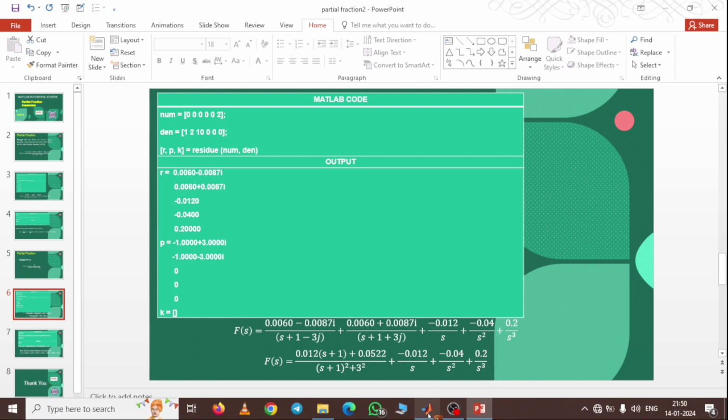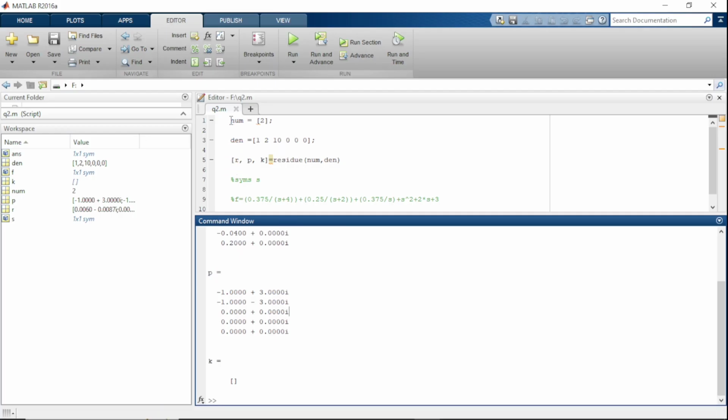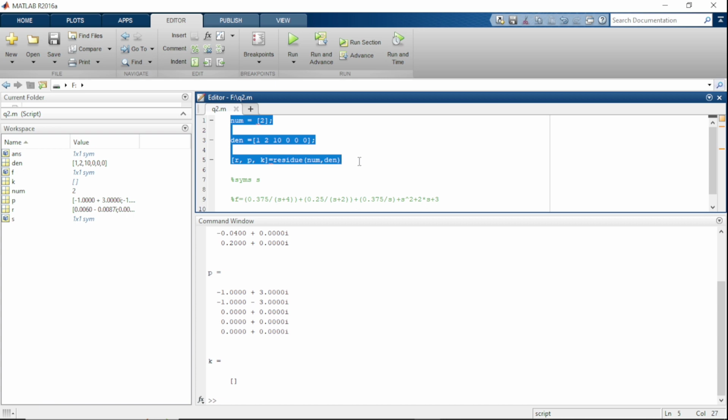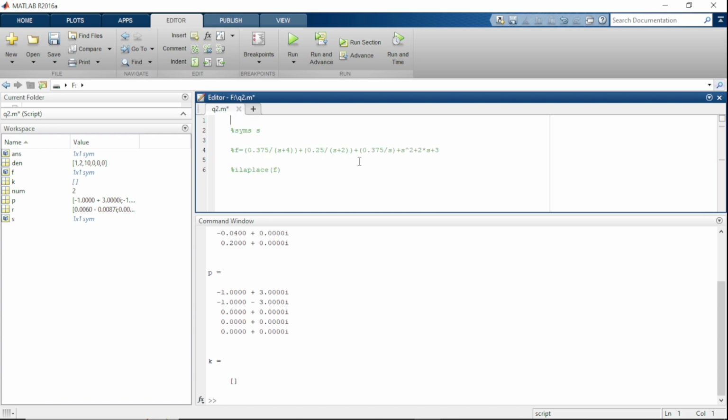Now I have to write these functions in MATLAB. So define the variable, that is s.